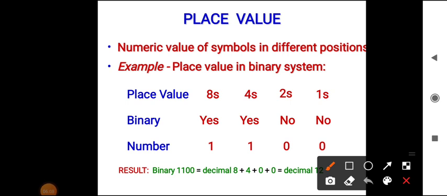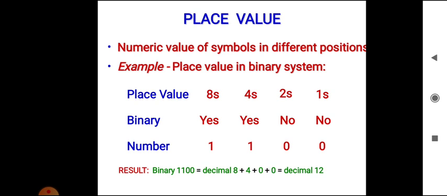Place value 1 means that value 0. Place value 2 means that value also 0. Place value 4 means that value 1, and place value 8 means that value 1. Okay, I will explain these with an example.